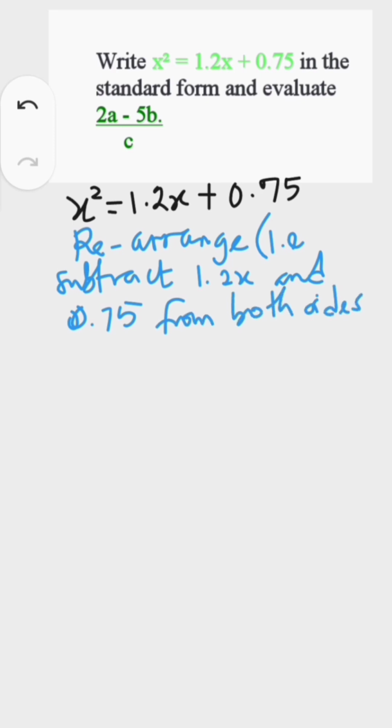This simply means that we have x squared minus 1.2x minus 0.75 on the left hand side and 0 on the right hand side.